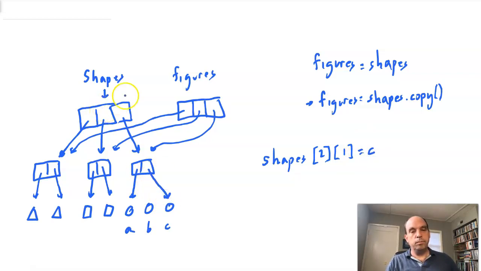That's great, but we affected figures as well, because the number 2 position in figures is simply a reference to this list object. If we change this list object, it doesn't matter how we got there to change it, figures is going to be affected. And this might seem like a crazy example, but we use lists of lists all the time. So we need another tool.